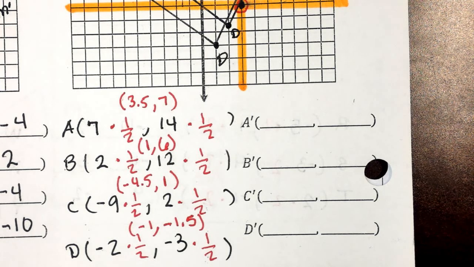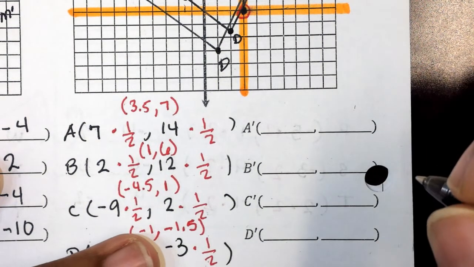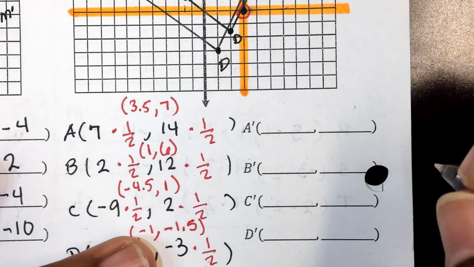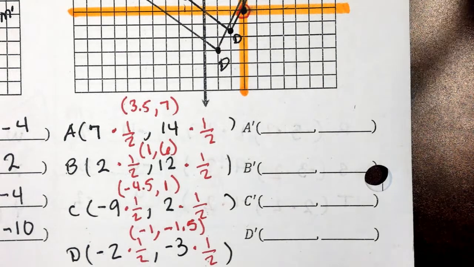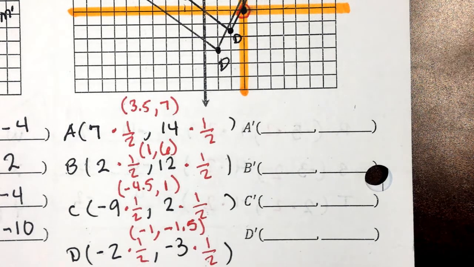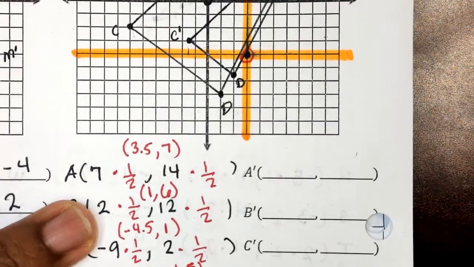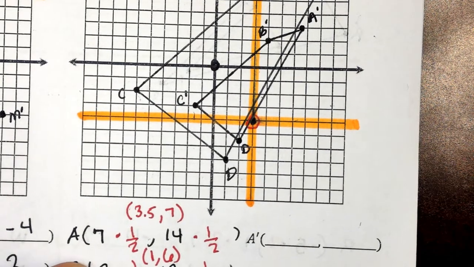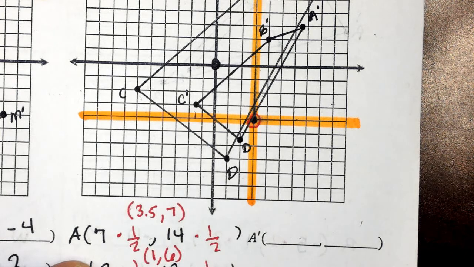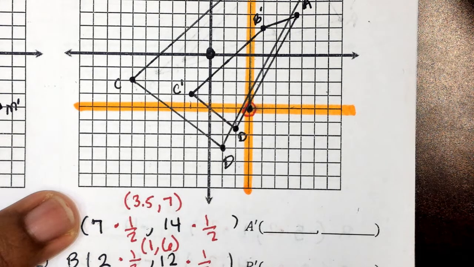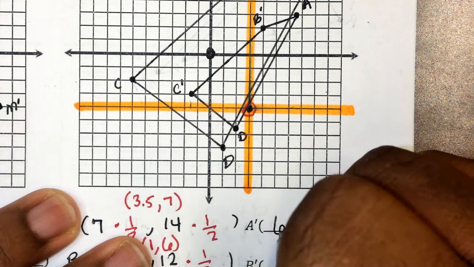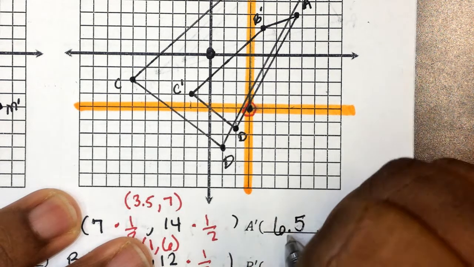Torres, you ready? Say it again. 6, 3. Try one more time. You're close. Oh, Rodriguez, what's up? 6.5. Yeah, 6.5, 3. Remember, that was one of our halves that we did.